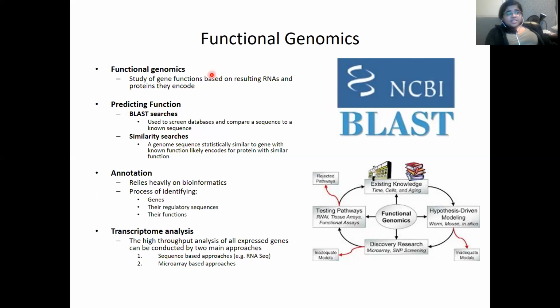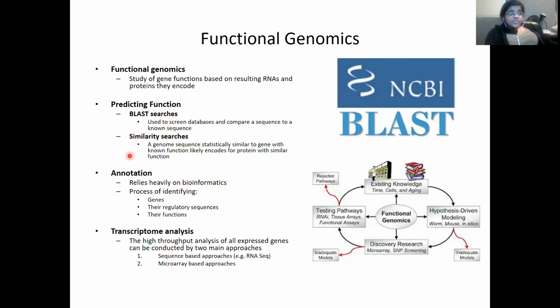BLAST goes into searching different genome sequences, right? So you screen these different databases with a sequence, and you compare that sequence to a known sequence that is already in the database they're looking in.